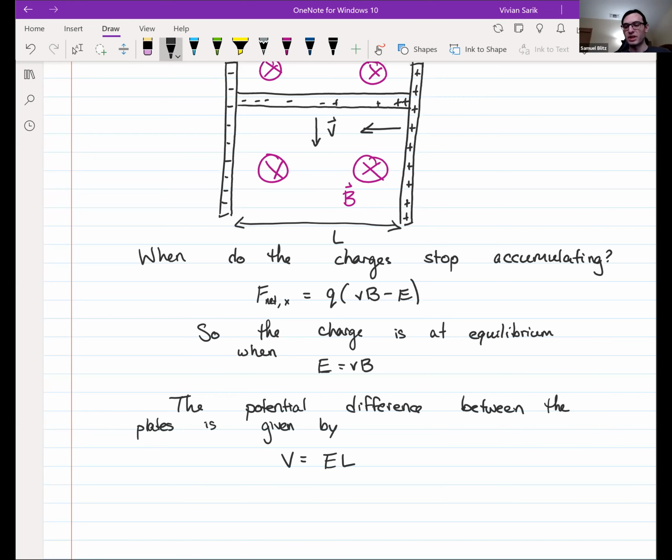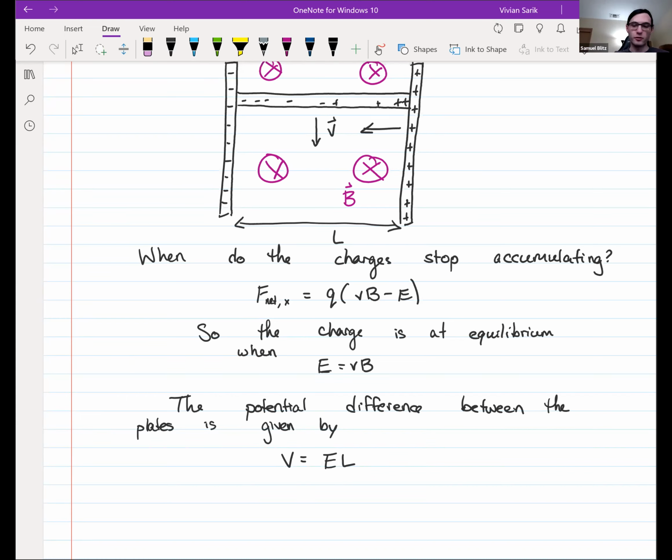Right? Because it's just delta V is equal to E dot dl. So we already know what E is. E has to be equal to VB when the charges have finished separating.